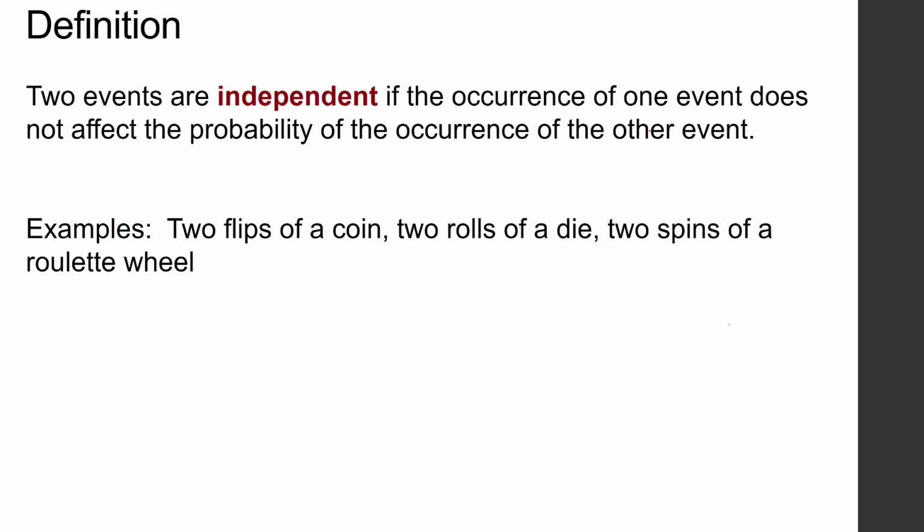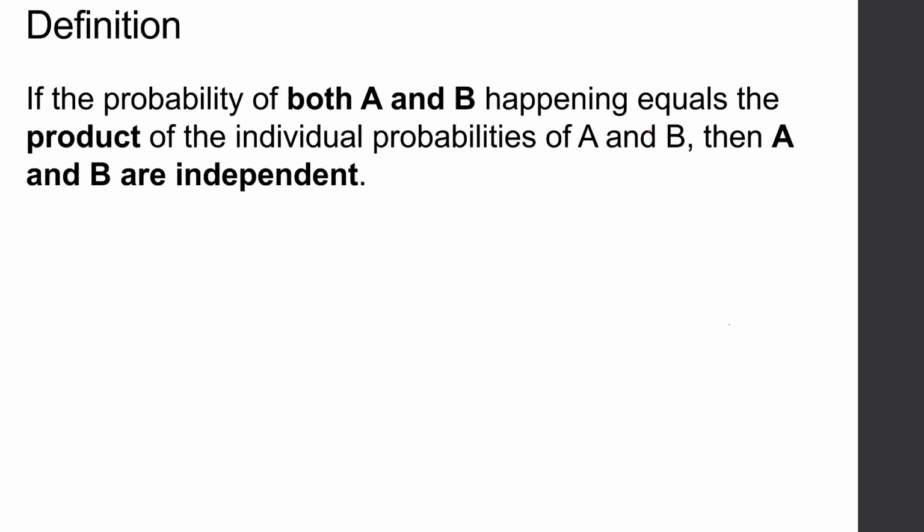So for example, 2 flips of a coin are considered independent, 2 rolls of a die are considered independent, and 2 spins of a roulette wheel are considered independent. Independence is when knowledge that one happened doesn't give you any more information about the other one happening.